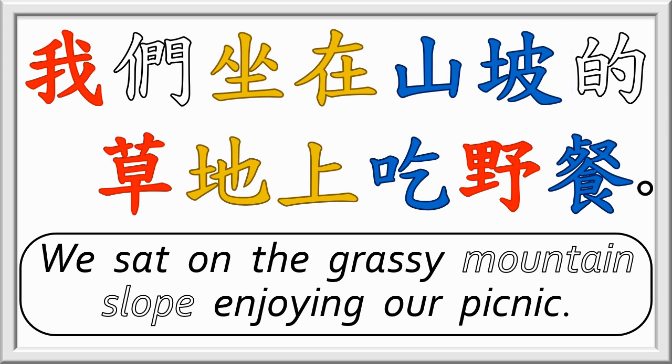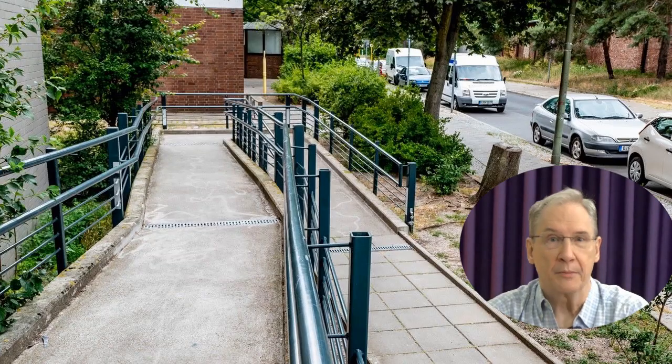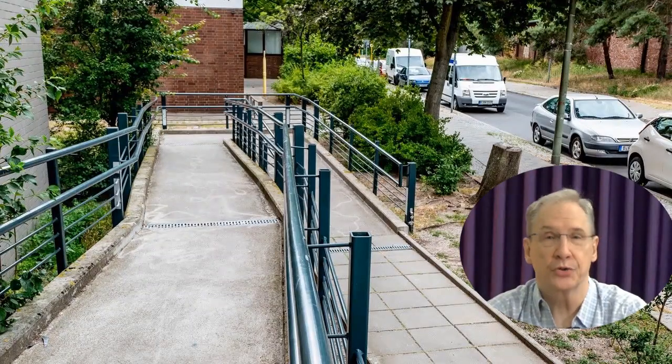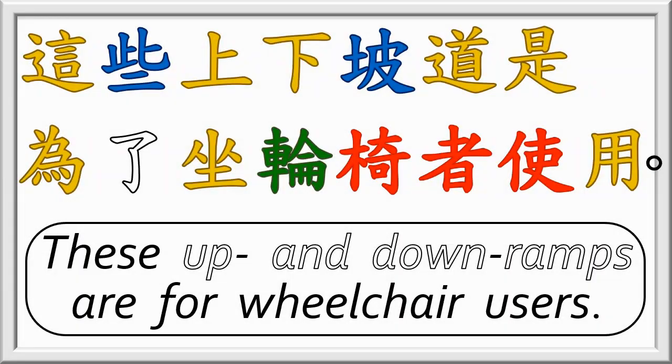We sat on the grassy mountain slope, enjoying our picnic. Ramps or inclines for an easier access to buildings also use this character. 这些上下坡道是为了做轮椅者使用. These up and down ramps are for wheelchair users.